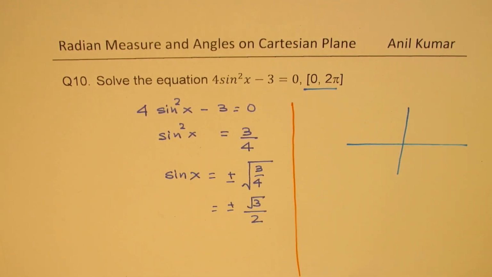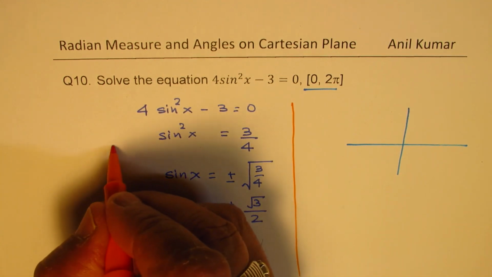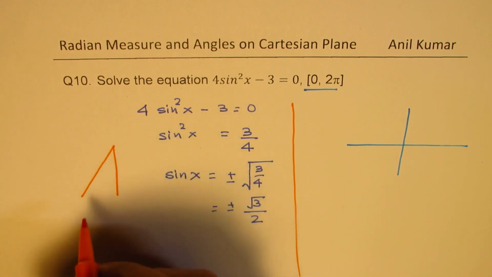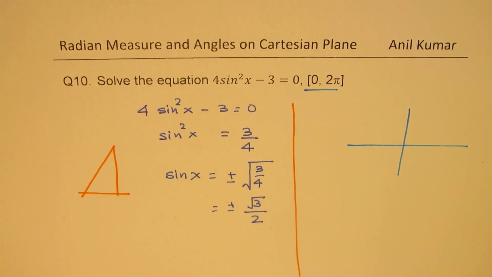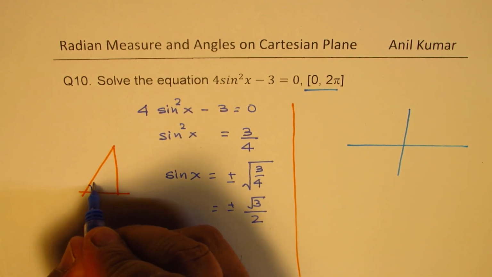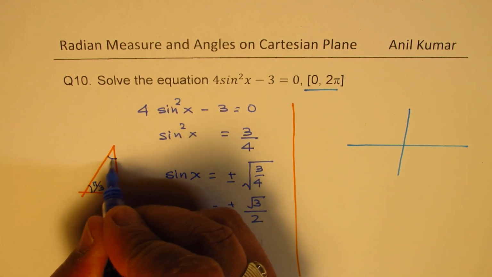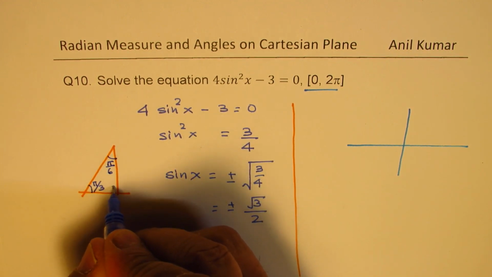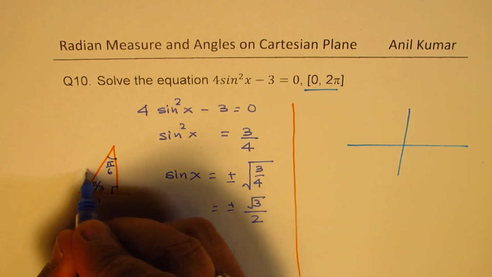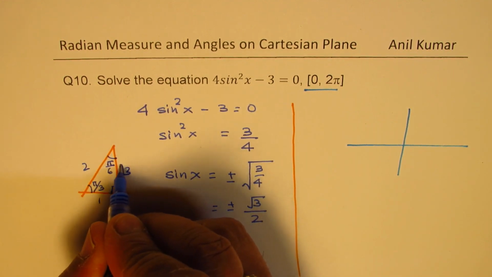The solutions are, remember the triangle. Square root 3 over 2 means we are looking into this triangle, which is pi by 3, pi by 6, and pi by 2 triangle, right? Sides will be 1, 2, square root 3, correct?